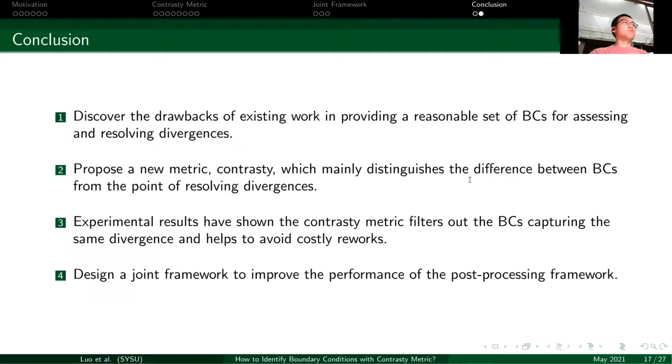Experimental results show the advantages of the contrastive metric, namely, it filters out the species capturing the same divergences. It helps to avoid costly rework. In addition, we have designed a joint framework to improve the performance of the post-processing framework.